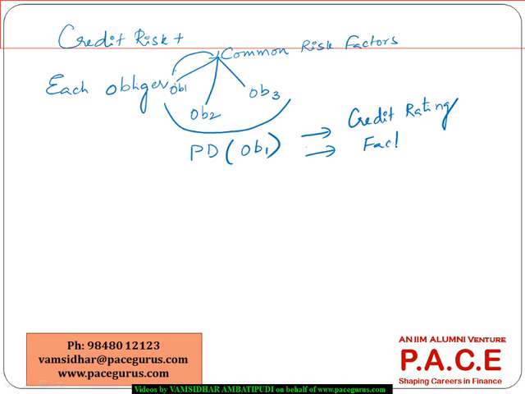These are the two inputs that decide the probability of default.